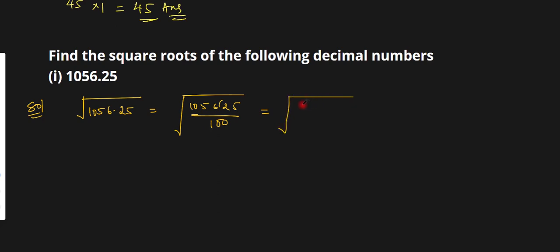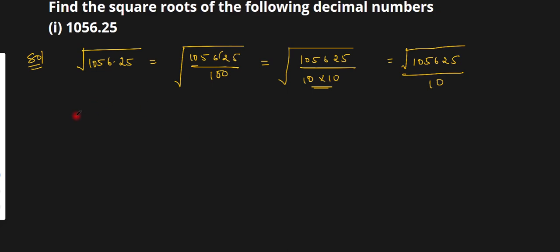So you can write square root of 105625 divided by 10, because from this pair you can take 10 out from this square root. Okay, now you need to solve 105625 using division method. So 105625, how to solve this? Again use the division method.